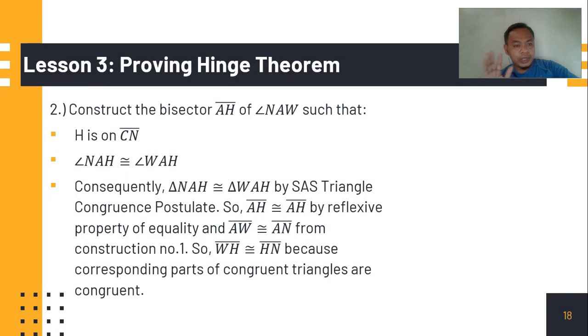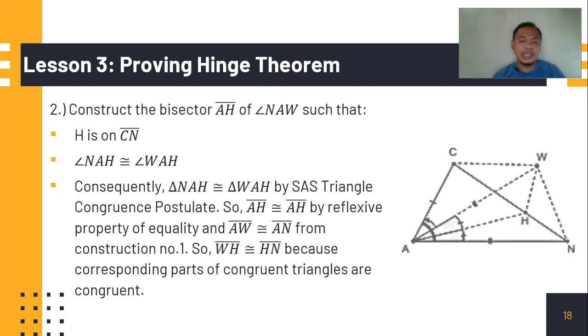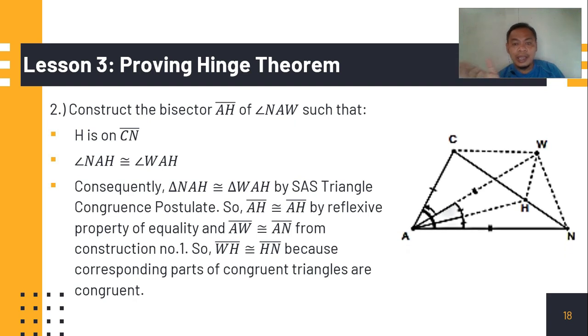Then, next, construct the bisector AH of angle NAW such that H is on CN. We have here AH, the bisector of angle NAW, and H is on side CN.